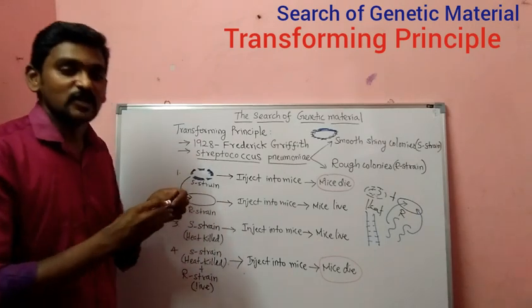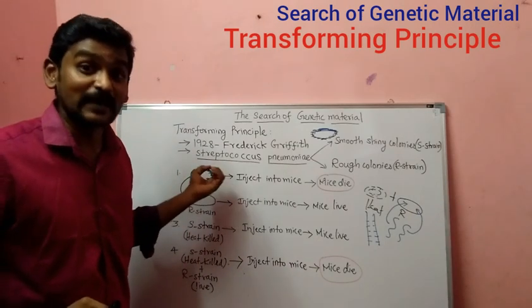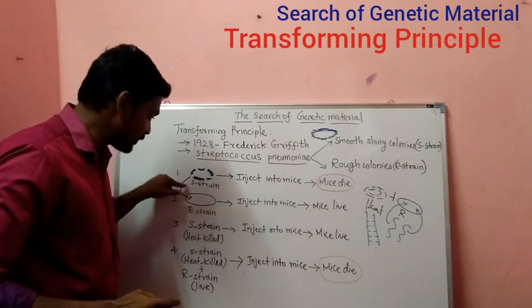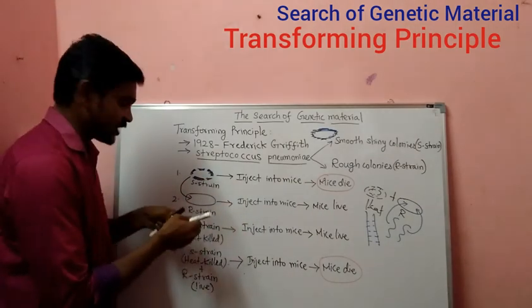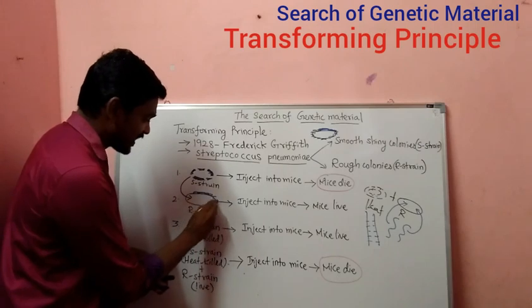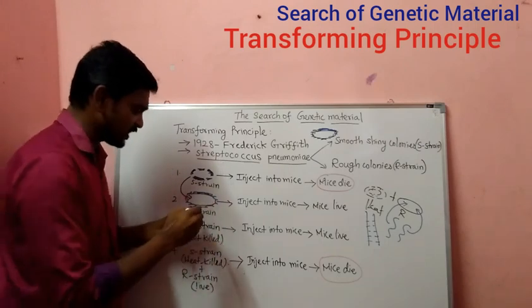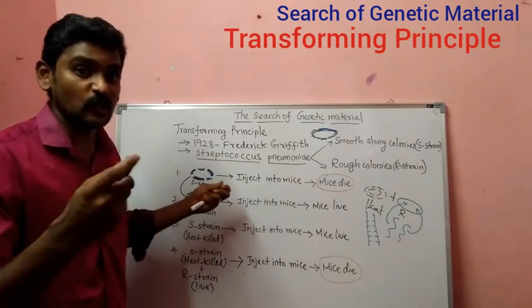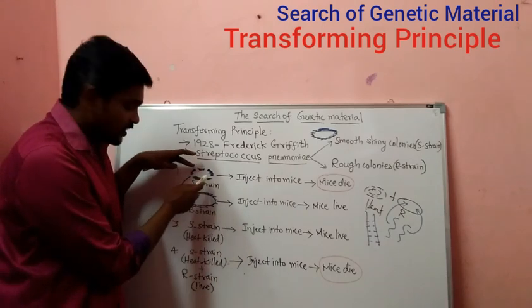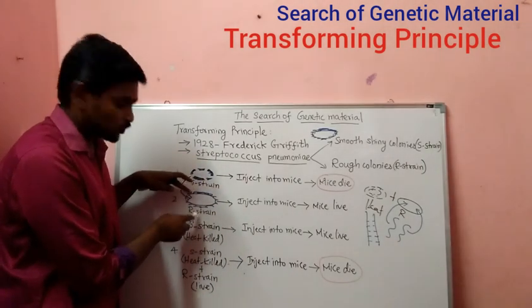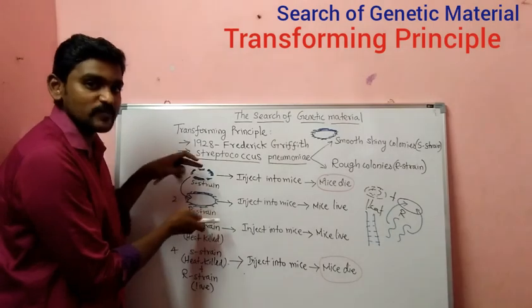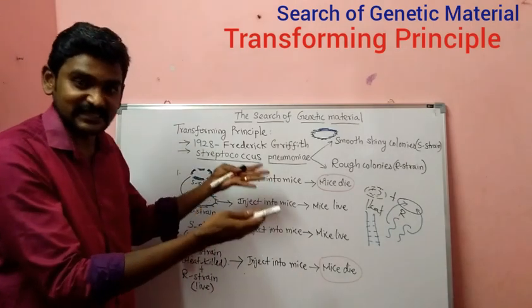That factor is called genetic material. Because the genetic material is transformed, this R strain produces the mucus layer. The DNA responsible for the production of the toxin is transformed from the S strain to the R strain, so it is converted into a virulent form and causes disease.